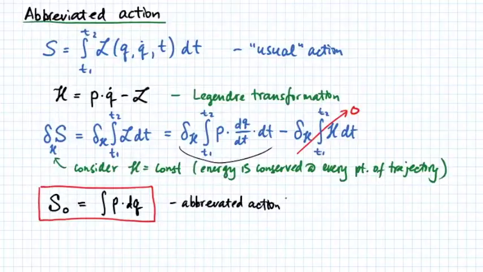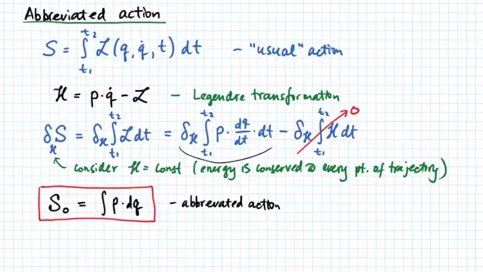We can still compute the variation of the abbreviated action, but now this variation will be along all the paths or all trajectories that have the energy conserved at all points. So this is a slightly different scenario.